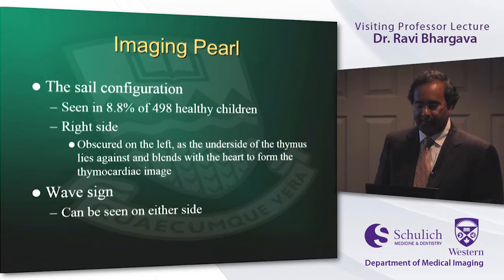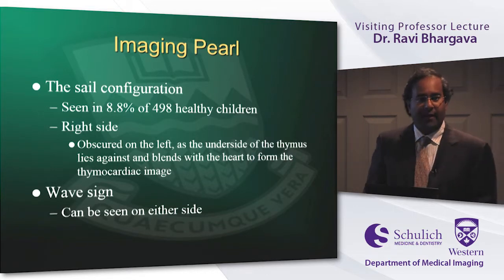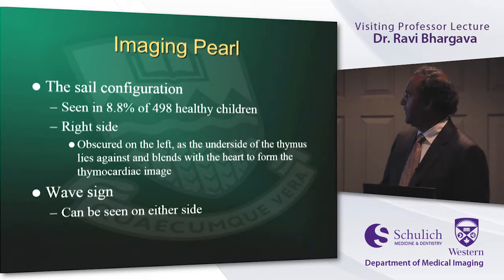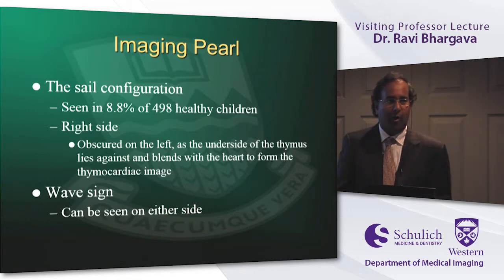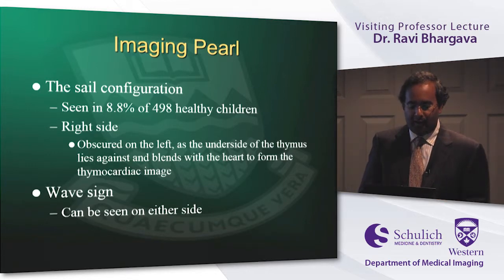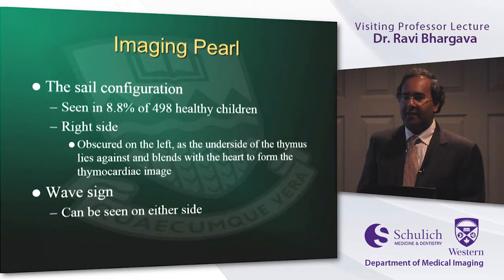The sail configuration is actually seen in about 9% of healthy children. It's much more common on the right side, and it's not really seen on the left side because the undersurface of the thymus lies against and blends into the heart, so you don't see that inferior margin that you would see on the right side. The wave sign, on the other hand, can be seen on either side.